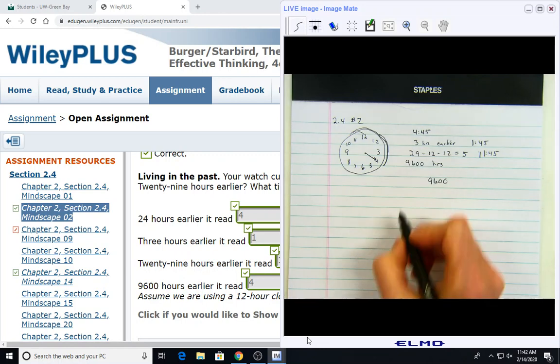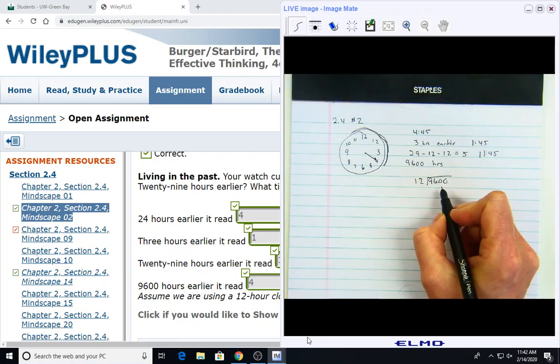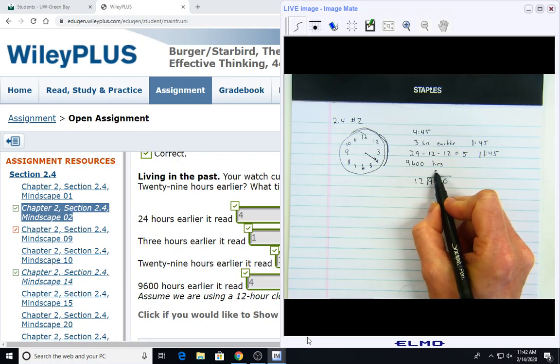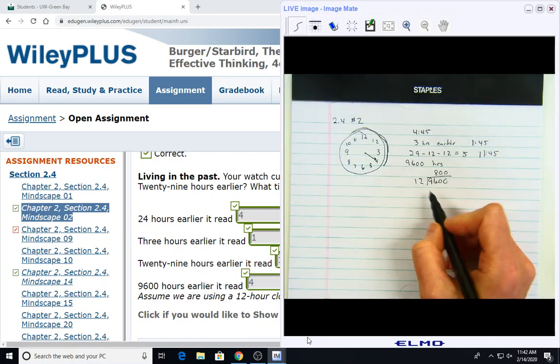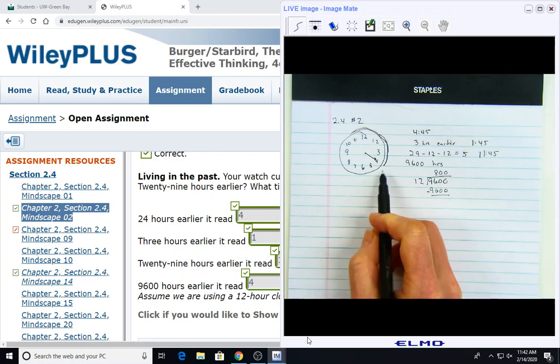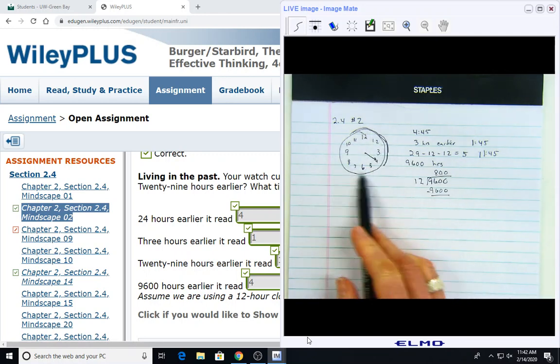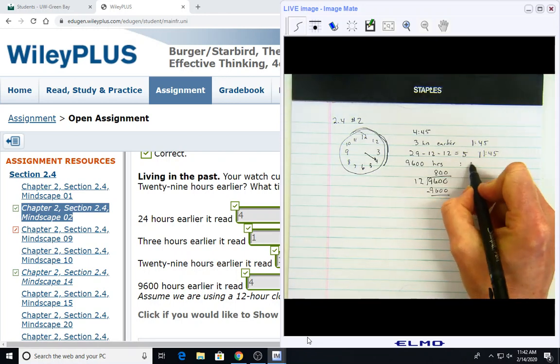I'm going to take 9,600 divided by 12. That turns out to be 800 evenly. There's no fractional or decimal part. So 800 times 12 is 9,600. In other words, this hour hand is going to go around 800 times and be back exactly where it started. So the clock will still show 4:45.